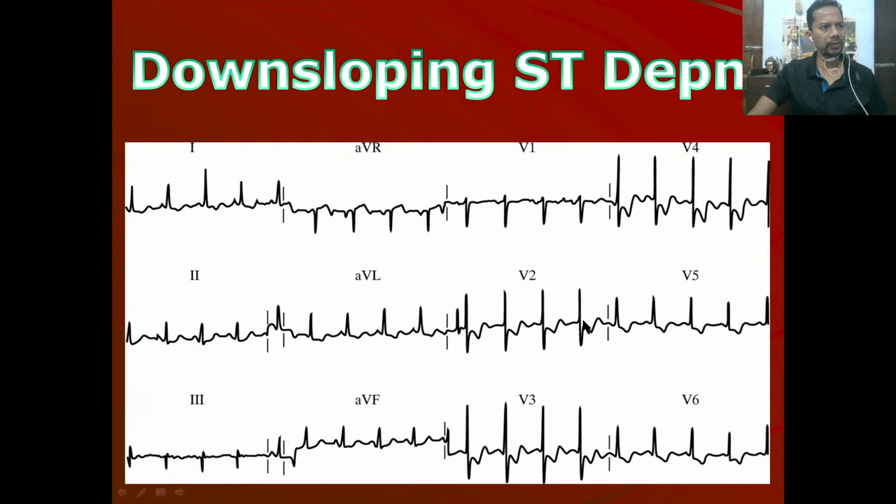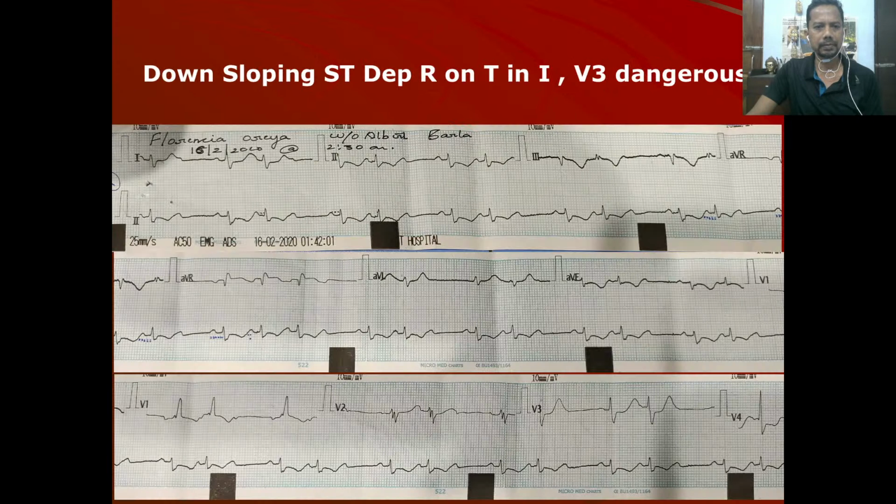For such a patient you should not do a treadmill. The ECG is sort of diagnostic, and if you make these patients run on the machine, you might do more harm than good. So this is a downsloping ST depression. So this is again a downsloping ST depression.